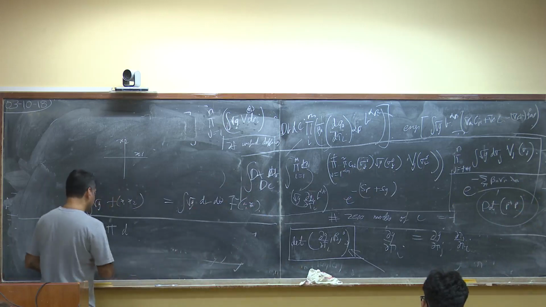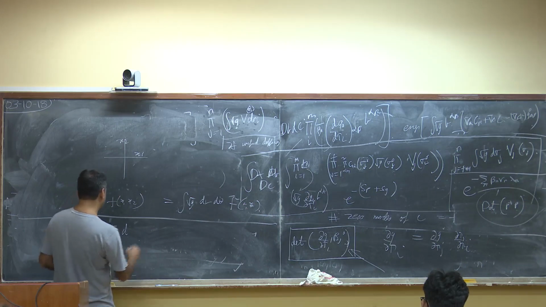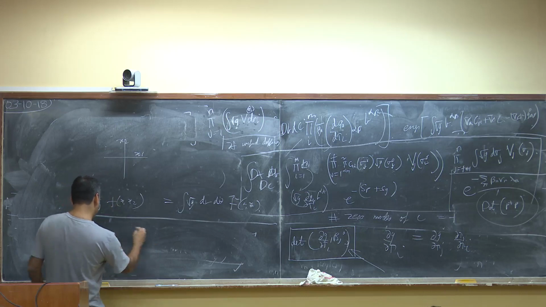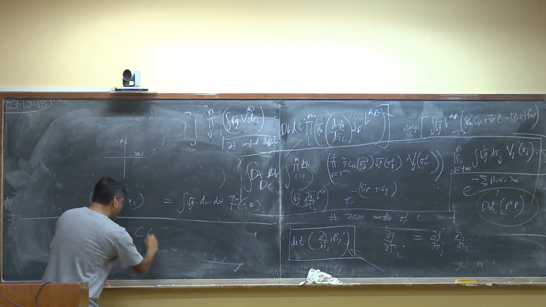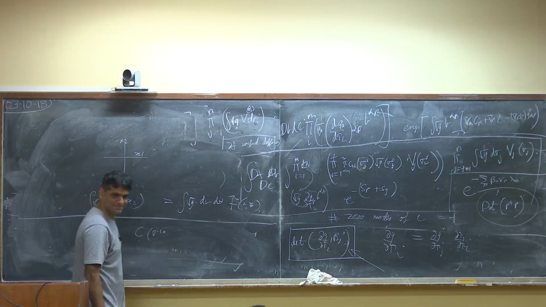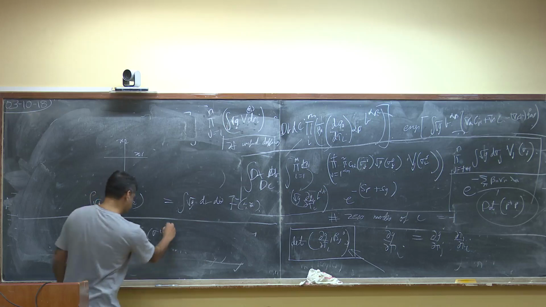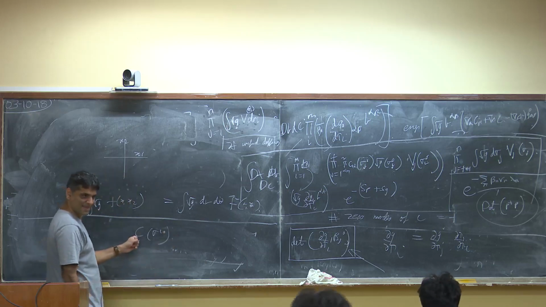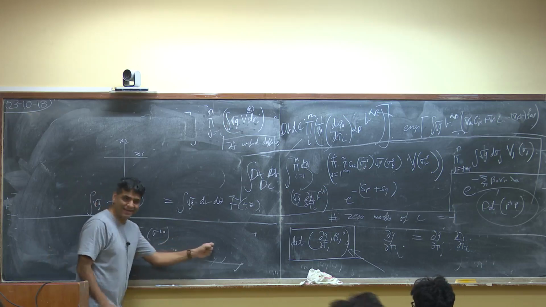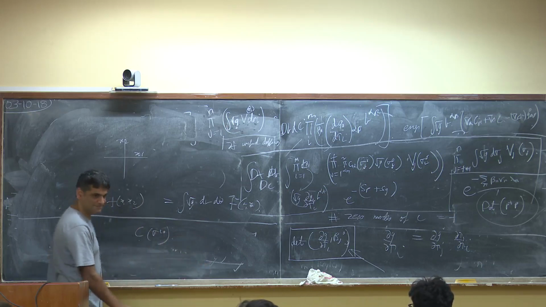We had a product of C at sigma I zeros, and those we had to expand in the zero mode sector.